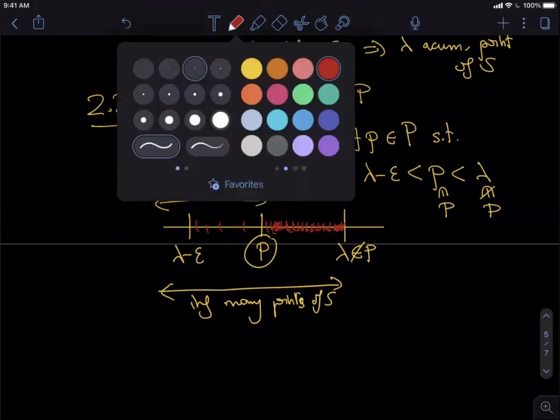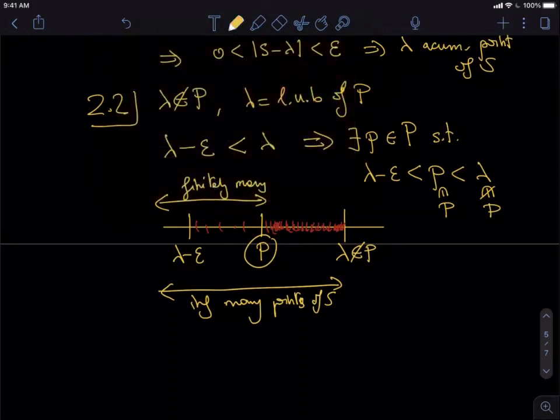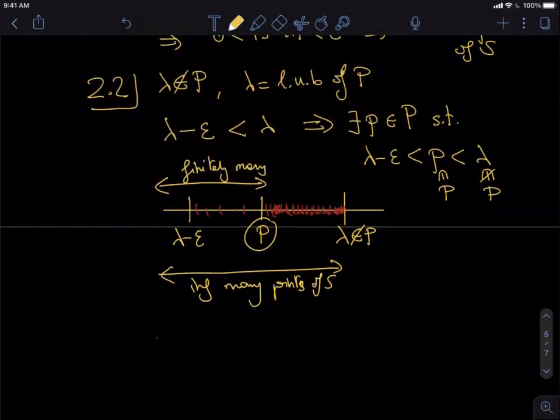But in particular, we don't need that many. We just finish as before. We say, well, there exists some s in S such that p is less than s, which is less than lambda.